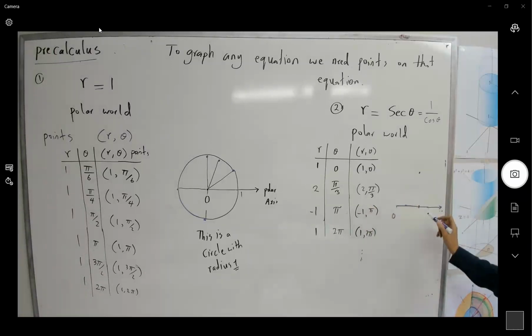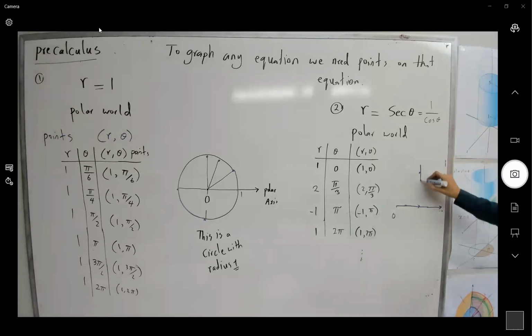In the opposite direction, you're going to get the same point here. What about 1 and 2 pi? The distance is 1, and 2 pi is the complete direction. So all of these are going back and forth between points here. If you connect these together, you get a vertical line.